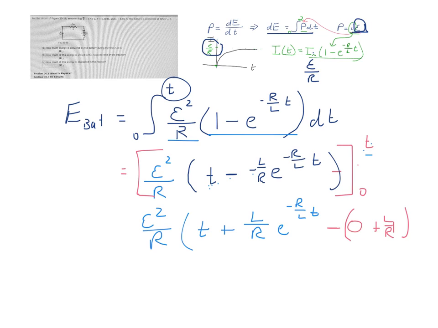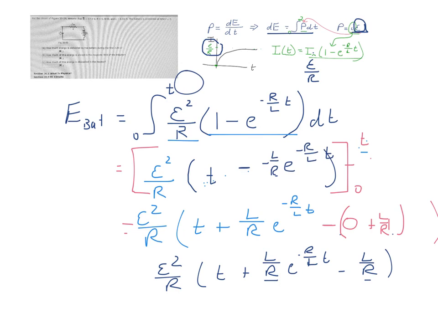All right, that's our total integration there. Now we have to simplify this down a little bit. We still have our E squared over R, times t plus L over R, e to the negative R over L t, minus L over R. We see we have a similar factor there.